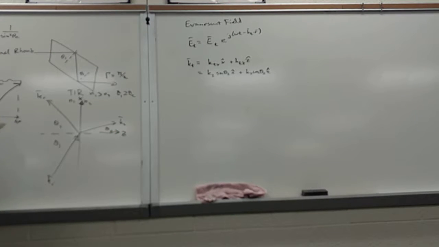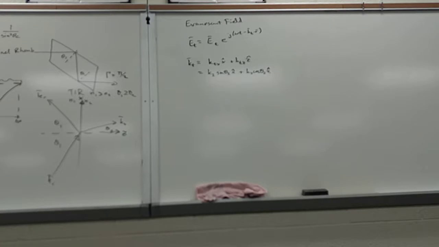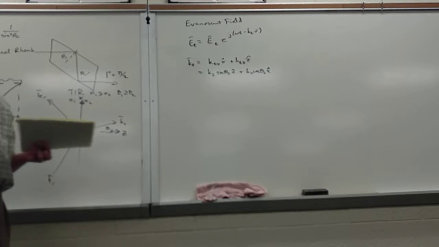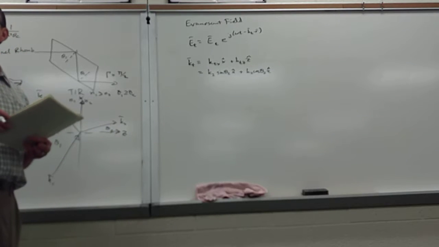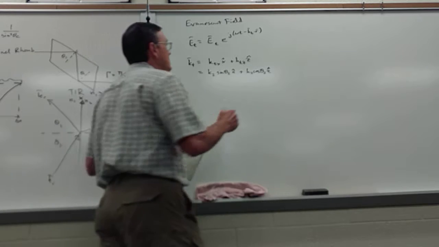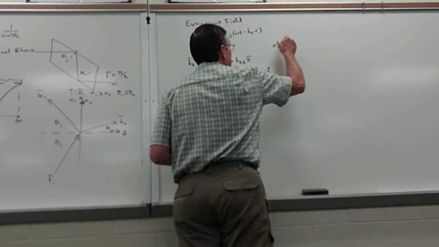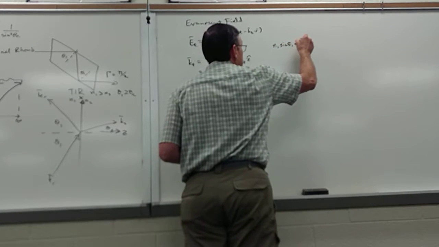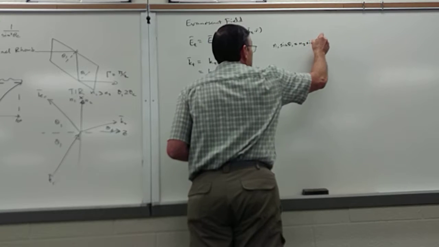Okay, and then the problem becomes this business over here, theta 2: we can't have a real angle that satisfies this. So it turns out there's an easy way to get around it, and that is to write theta 2 in terms of theta 1, because theta 1 is always well defined. So we know with Snell's law, n1 sine theta 1 is equal to n2 sine theta 2.